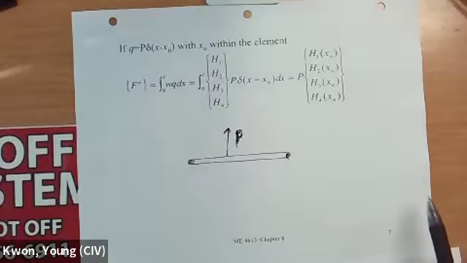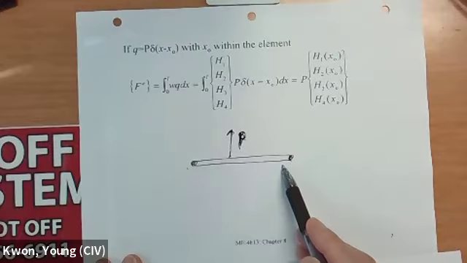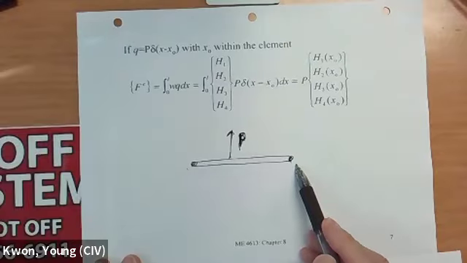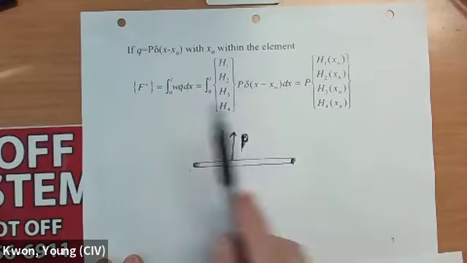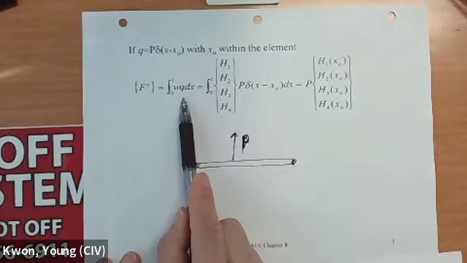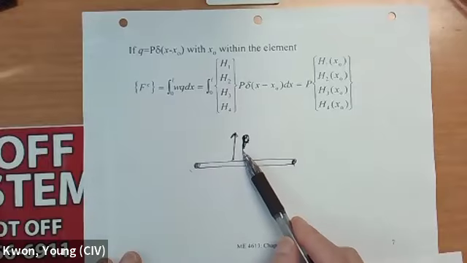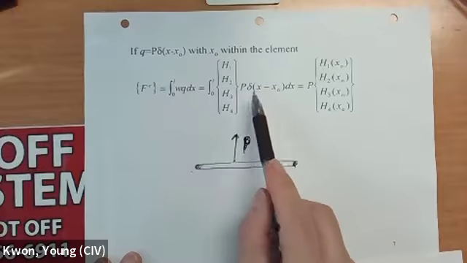Okay, how do you calculate equivalent nodal force and moment at the nodal point using the finite element formulation? So this is the same as before. Now, the question is, how do you represent this mathematically? A concentrated force is represented using the delta function, right?